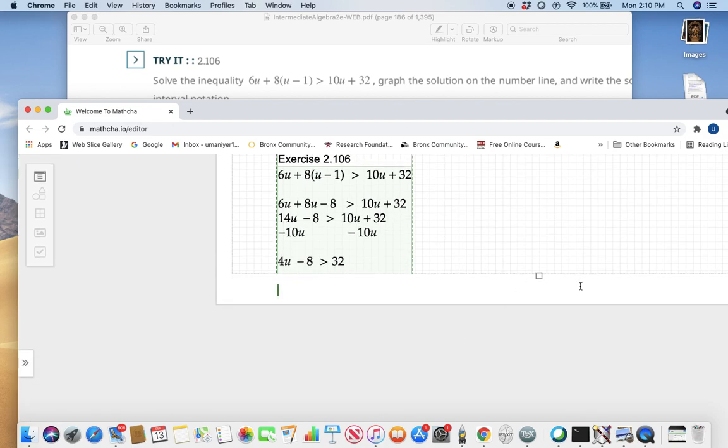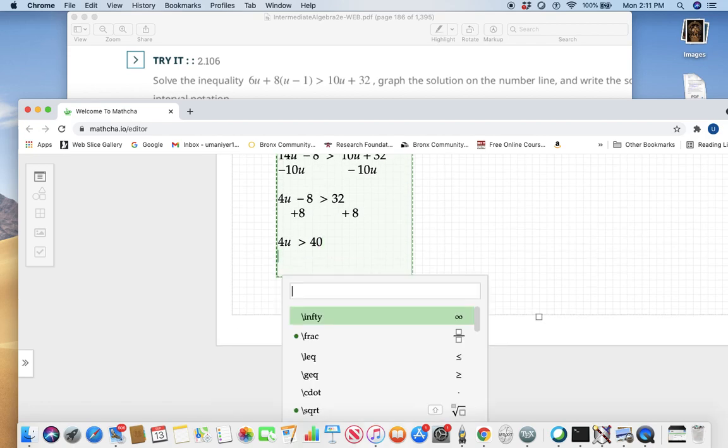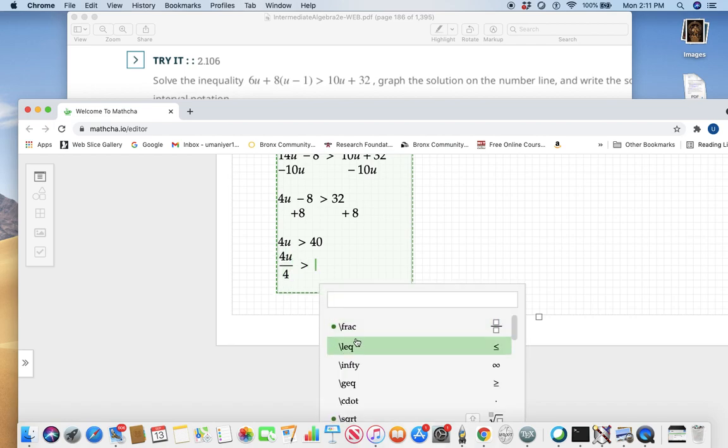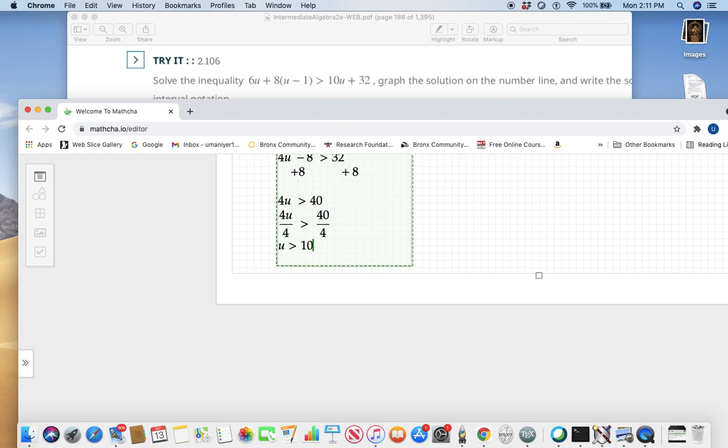At this point, you can get rid of that negative 8 by adding 8 to both sides. These two cancel, you are left with 4u greater than 40. Lastly, divide both sides by 4. Remember, 4 is a positive number, so no change in inequality. This tells me u is greater than 10.